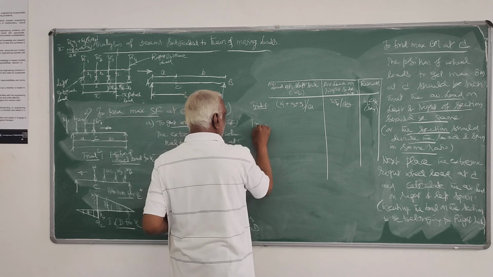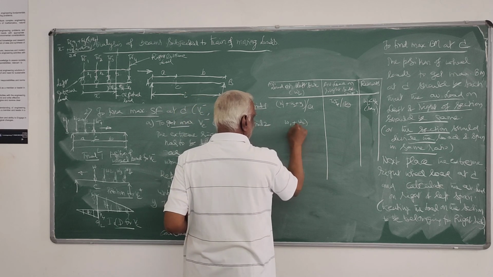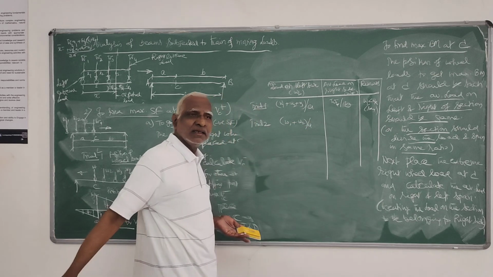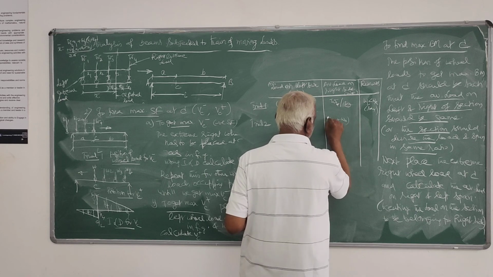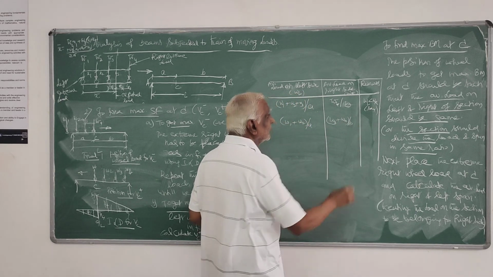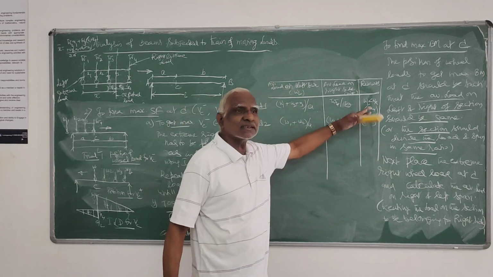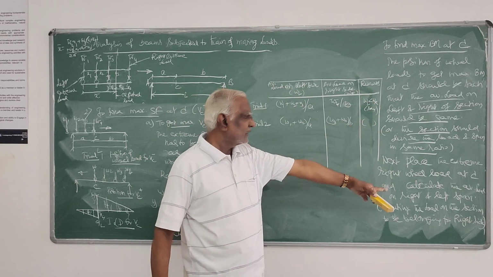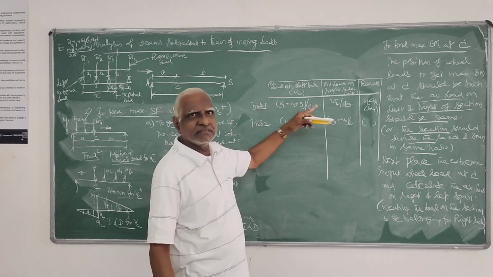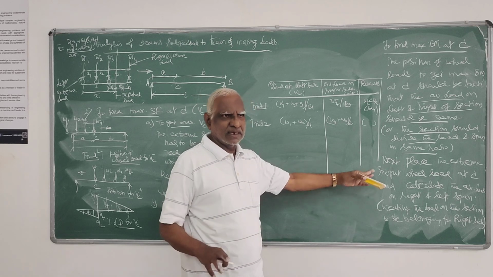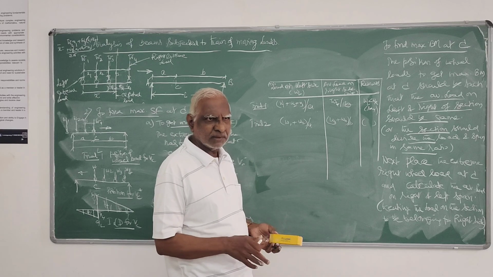Next, you go for trial 2. So trial 2, it will be W1 plus W2 divided by A. Here it will be W3 plus W4 divided by B. You check this.